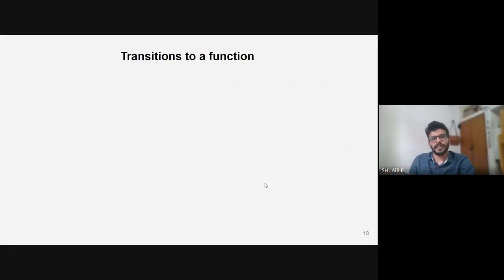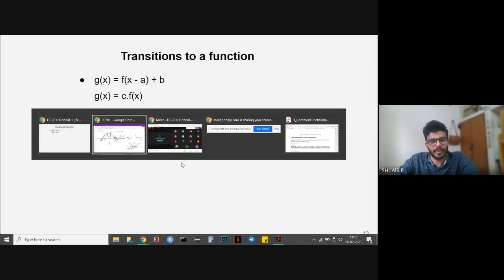So now we can think of, if we have a function, what transformations can we make to that function? Suppose we have a function f of x, we can make transformations to that function to make another function g of x.